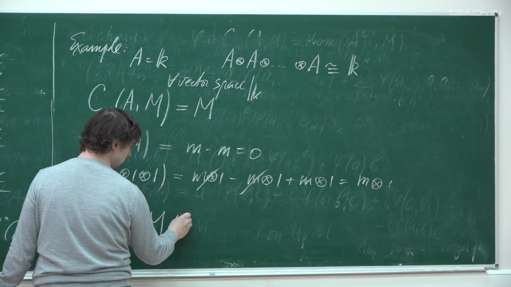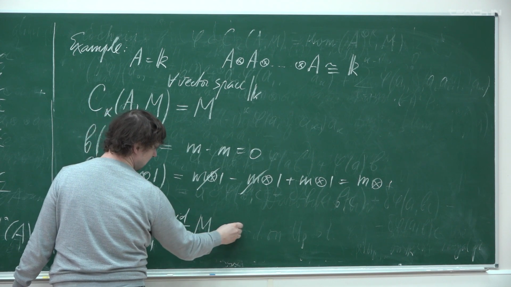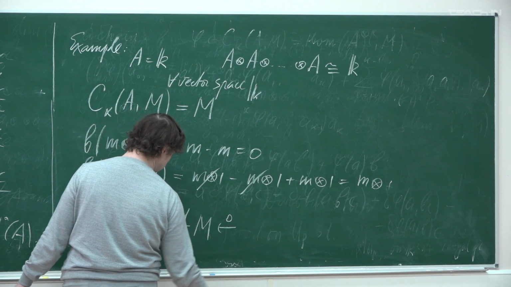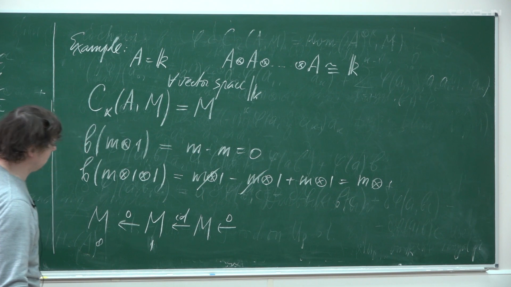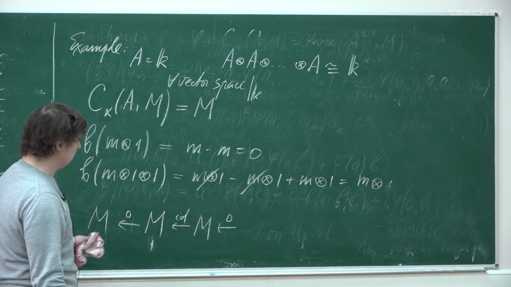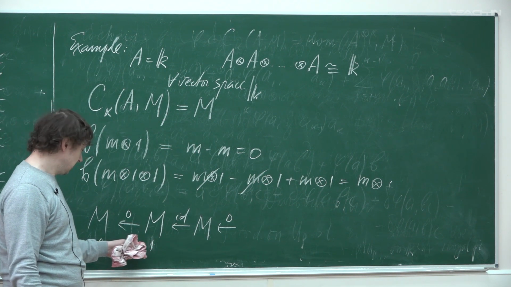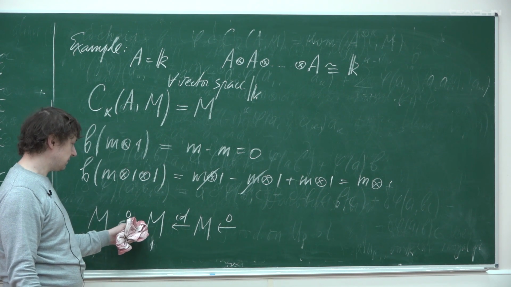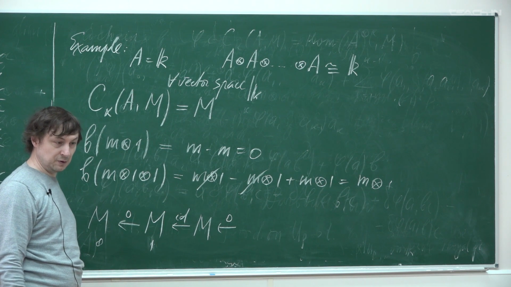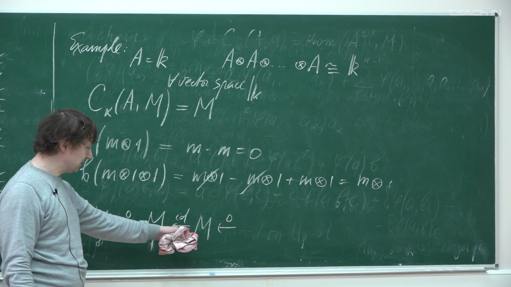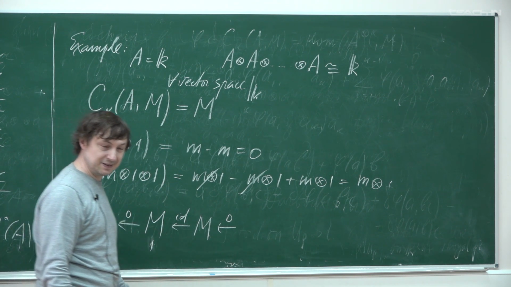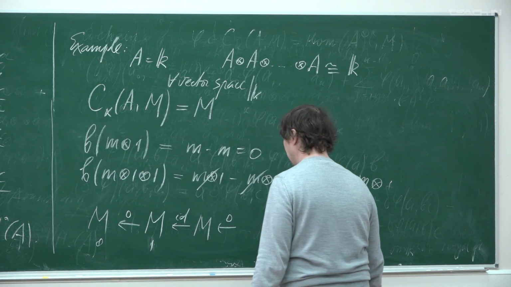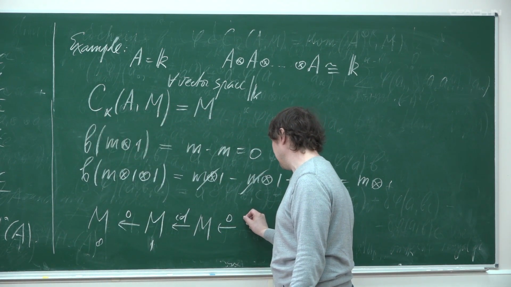Here we have identity. Here we have 0 and so on. And this actually pretty well matches with the fact that b squares to 0, right? Since b squares to 0, of course the composition of any two elements here is equal to 0 all the time. The cohomology in this case is pretty evident.